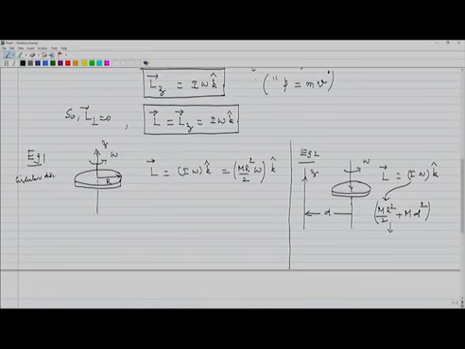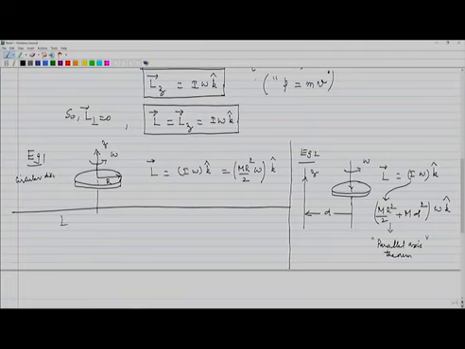This I will indicate as the parallel axis theorem, times omega times k. So we have got the moment of inertia of this object. We will make a few comments before we proceed further.